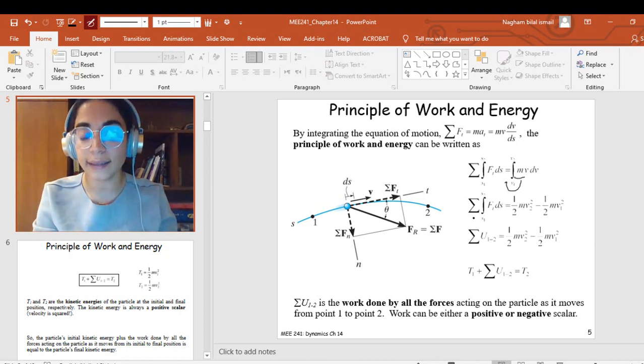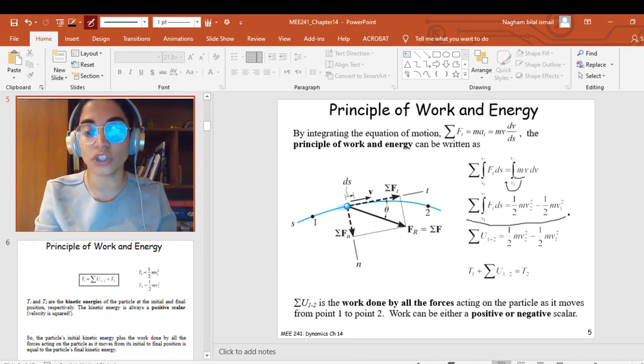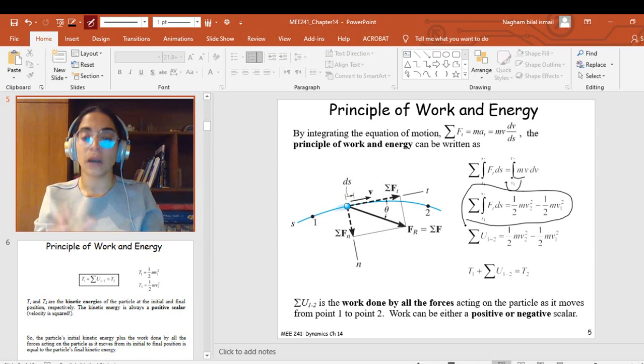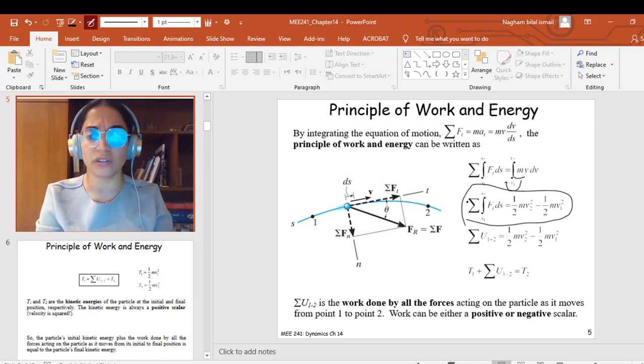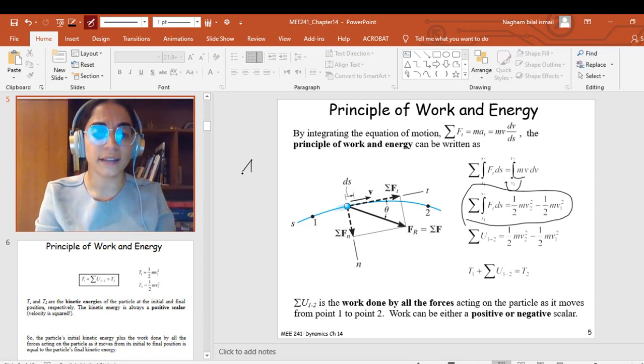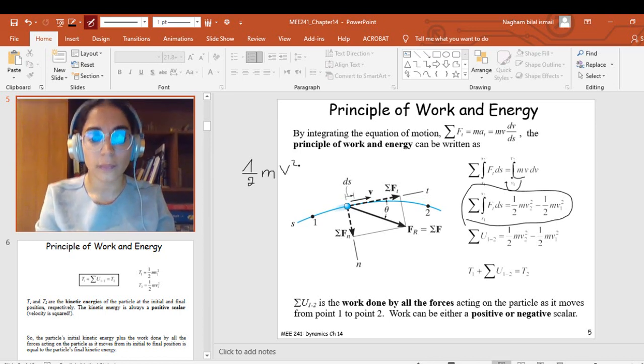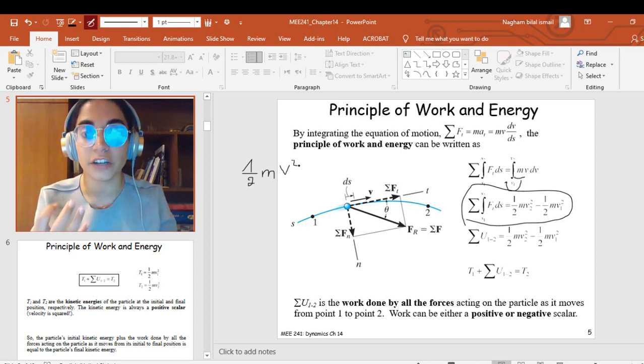Now guys, I'm gonna take a look on this equation right here and I'm gonna analyze my finding. First of all, what is half mv squared? What is the quantity that is equal to half mv squared? This is in fact the kinetic energy.